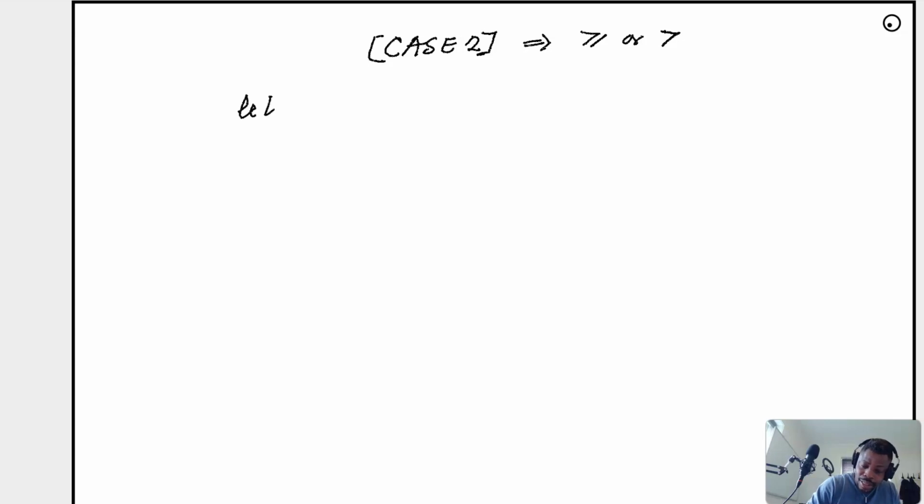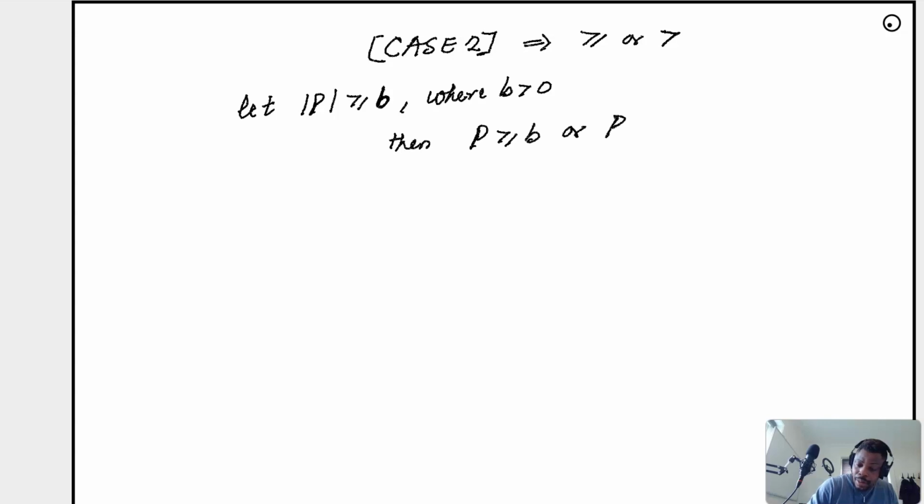So let's say modulus p is greater than or equals to b, where b is greater than 0, then we can say p is greater or equals to b, or p is less or equals to minus b.